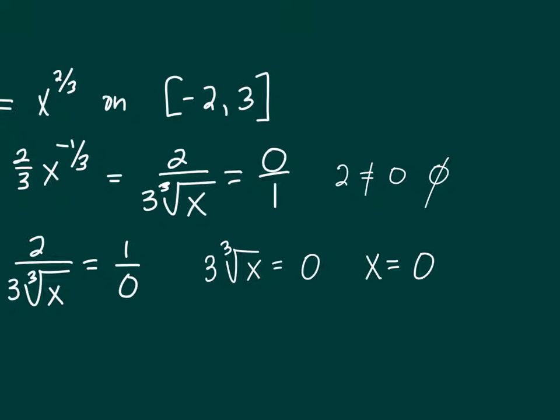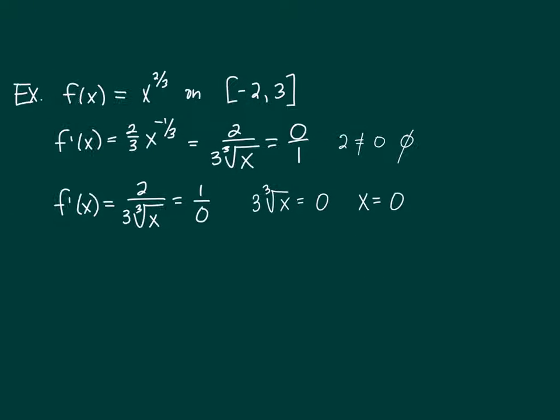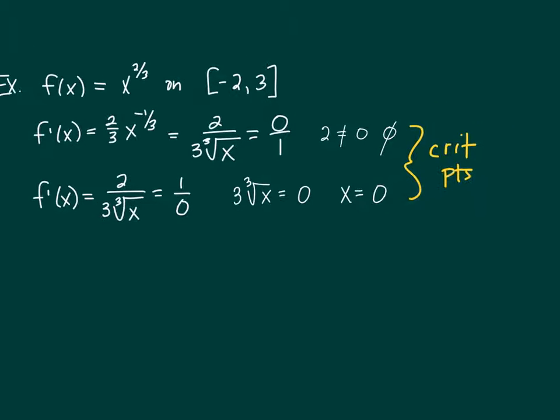So now I want to test my endpoints along with my critical point that I just found. Remember, you've got endpoints given. These are your critical points. So you set up an interval starting at your endpoints, so -2 up until the critical point we found, and 0 up until the other endpoint.